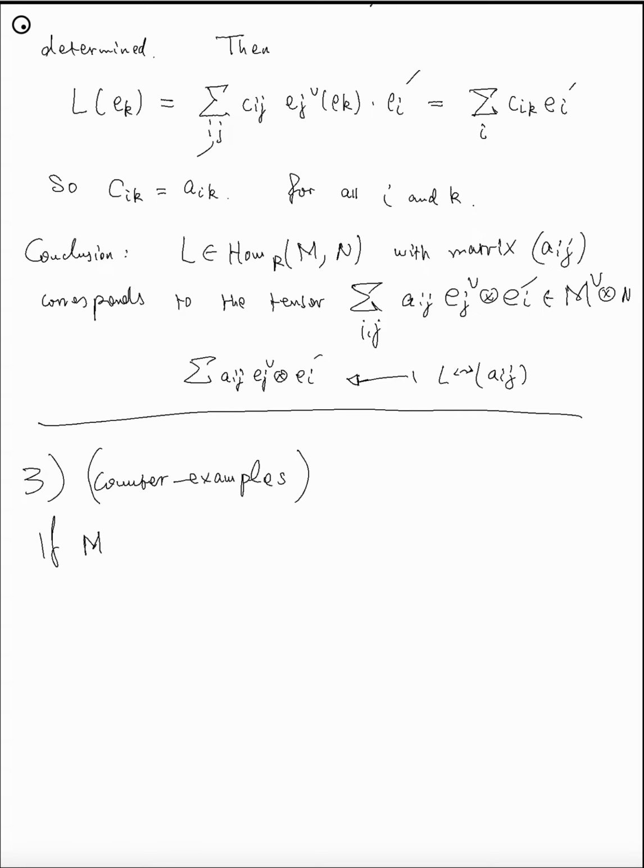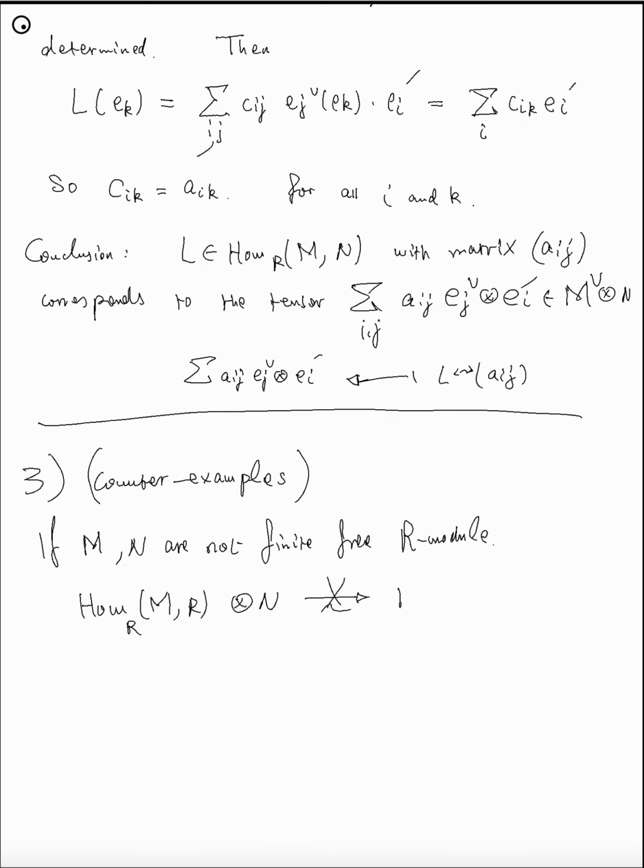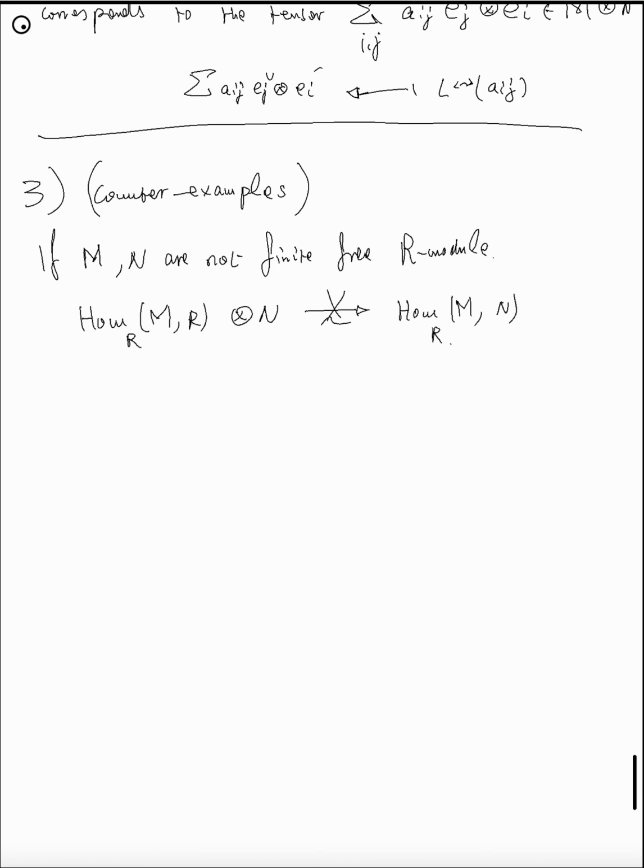If M and N are not finite free R modules, then in general we don't have the dual of M tensor N isomorphic to Hom of M to N. I think, let's say if you have an R linear map here, you have an element n, you can still say: give me an element m, I map it to phi of m acting on n.